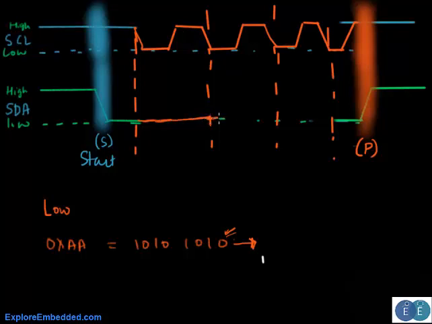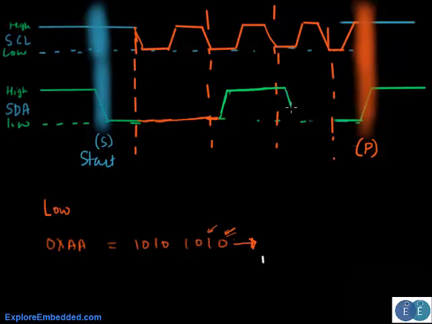Now next we want to transmit a 1, and for this the transition should only occur when it is low. So what happens is it goes high here, and then it remains high for the entire time the clock is high. So now to send a 0 on the next clock pulse, the transition should occur only when the clock is low.